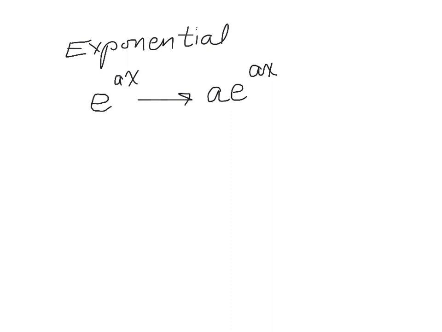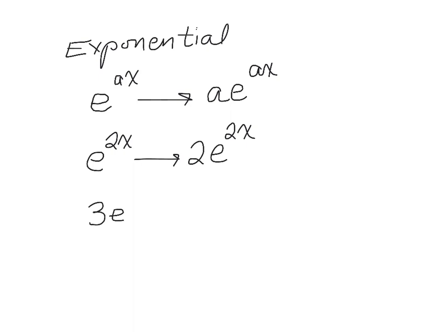We're simply bringing that coefficient a of the exponent down in front and repeating that term again, e to the ax. Okay, so some examples: if we had e to the 2x, the derivative would be 2e to the 2x. It's one of the easiest derivative rules.